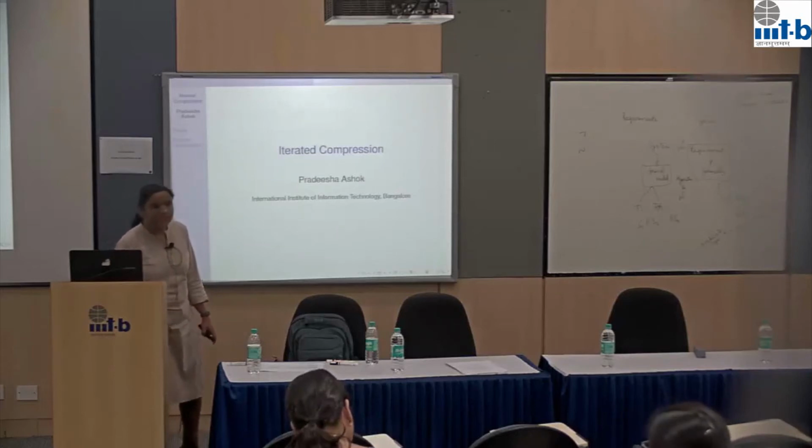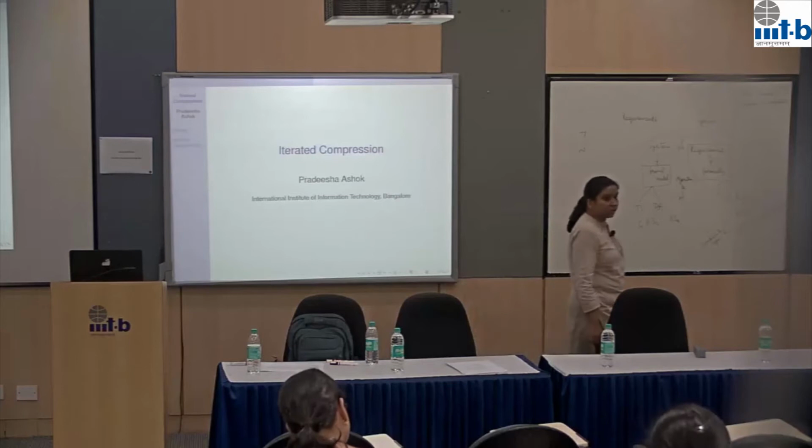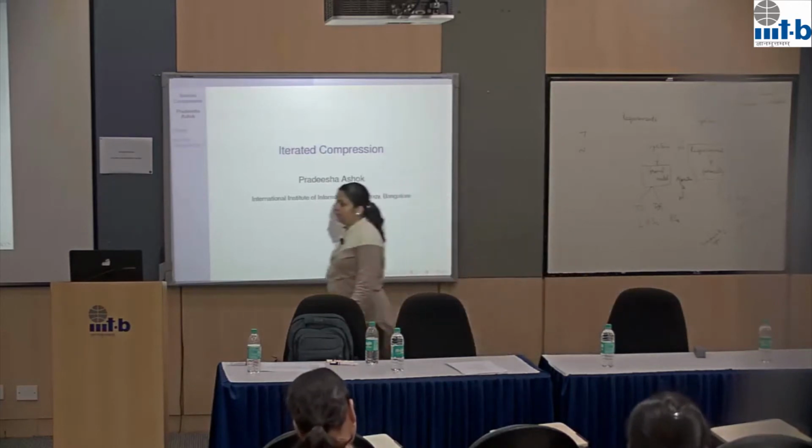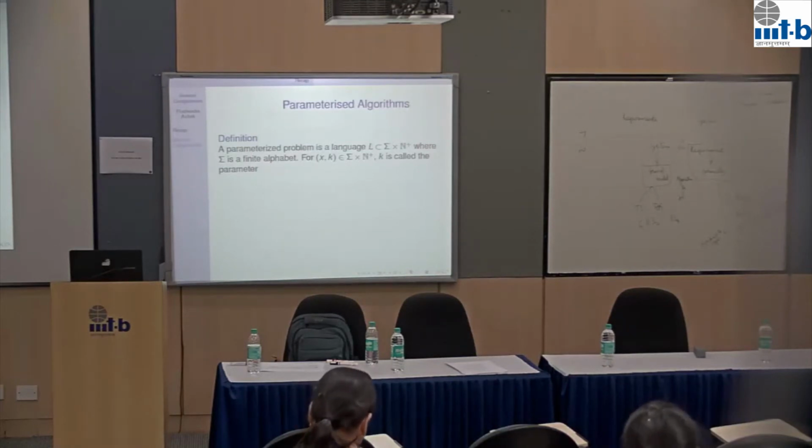So as we discussed in the first session, parameterized problems, so this is a recap. An instance of a parameterized problem consists of the actual input plus a parameter, and the parameter is assumed to be a small value.